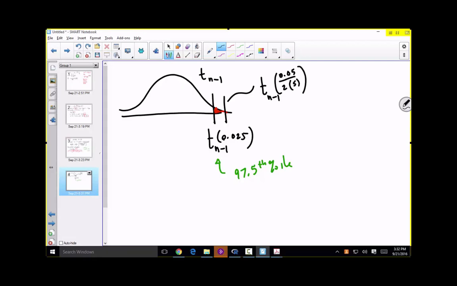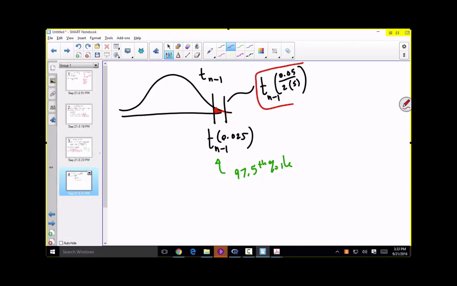That's a smaller number, 0.005. So in order to find the number that puts that much, a bunch less, to its right, you have to move further out.